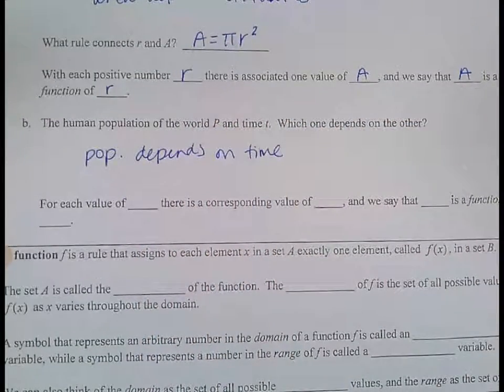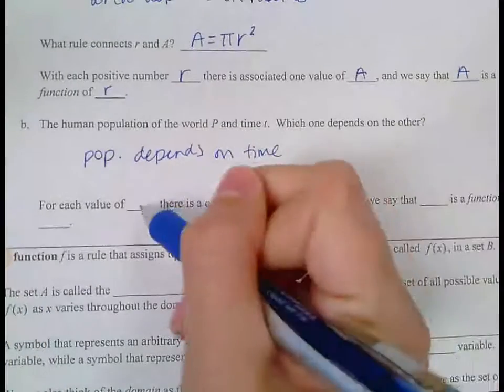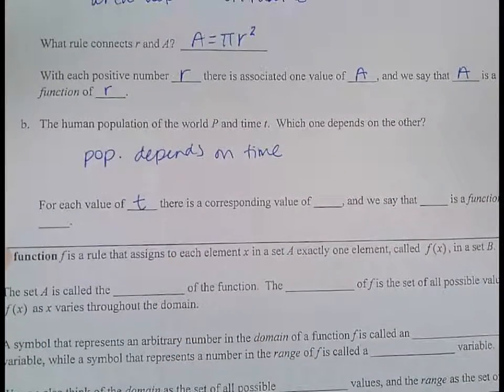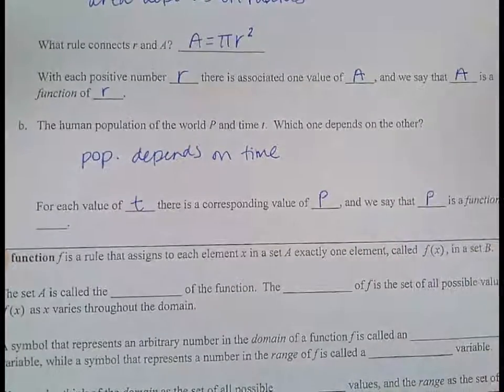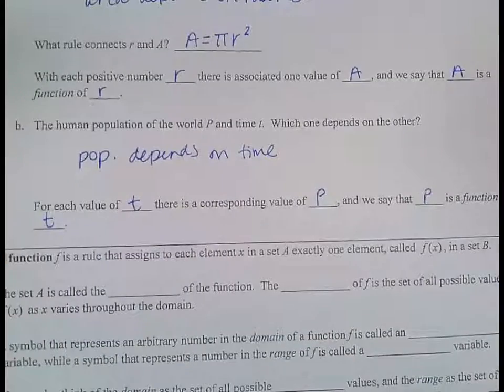Typically in calculus, if one of your 2 variables is representing time, time is usually independent. There isn't necessarily an explicit rule; you would need information about what population you're talking about, what time period you're talking about, to have a rule to compare population and time. So for each value of time t, there'd be a corresponding value of the population P. So we would say that P, population, is a function of time t.